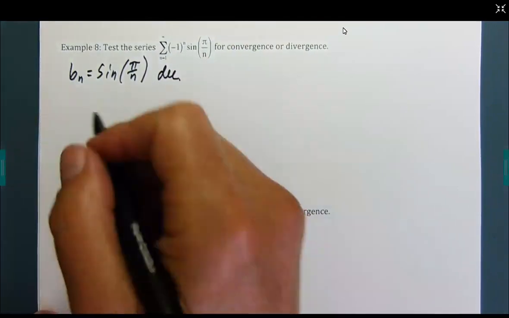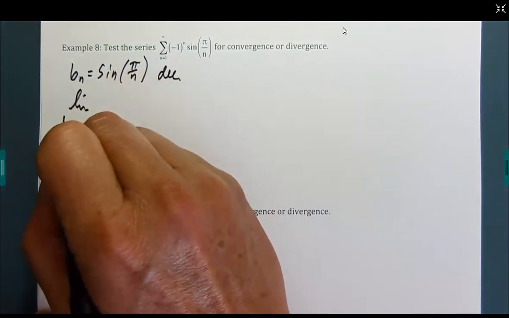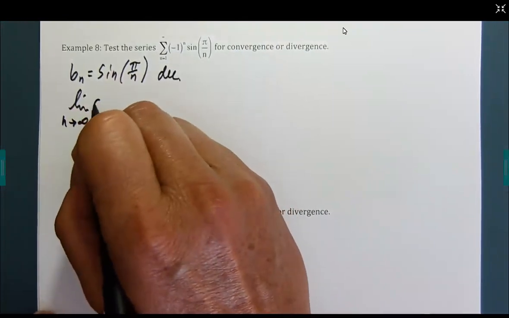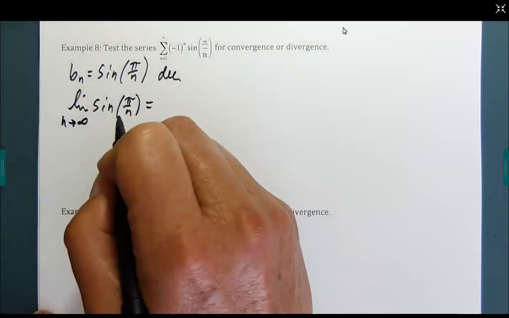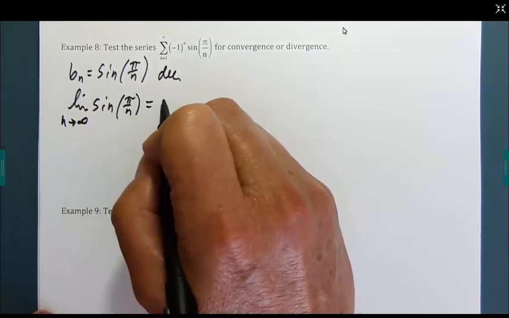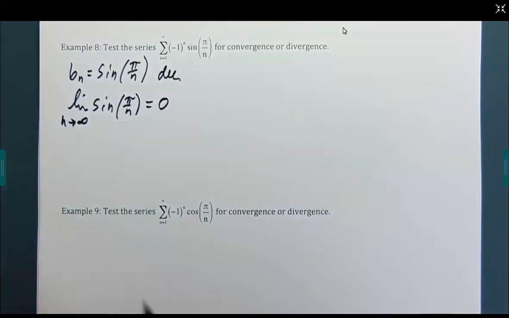And the limit as n goes to infinity of sine pi over n. Now that limit goes to 0, and sine of 0 is 0. So this is convergent.